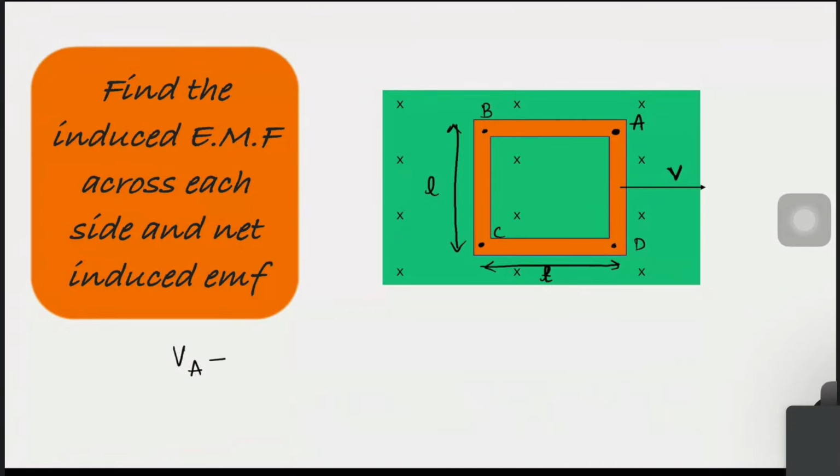Calculate VA minus VB, VB minus VC, similarly VC minus VD, VD minus VA.